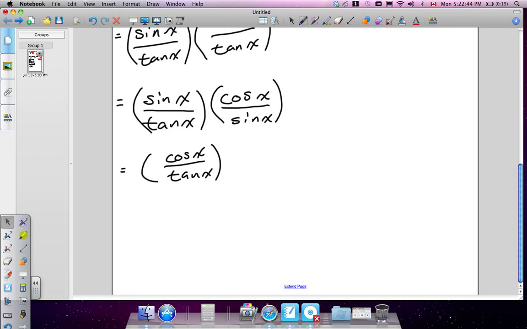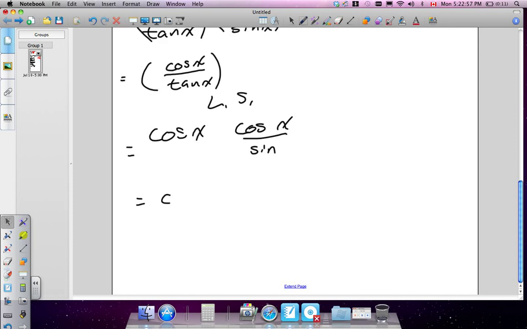If I just replaced cotangent with cos x divided by sine x, again, we're still working with the left side, right? I would have been left with cos squared x over sine x. Don't forget this x. And then you remembered the rule that cos squared x is equal to 1 subtract sine squared x, over sine x.